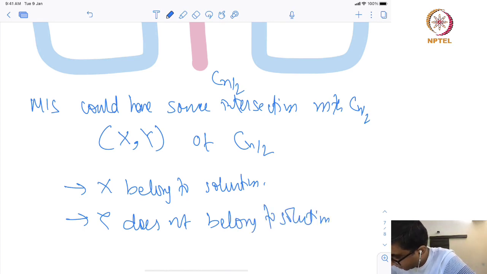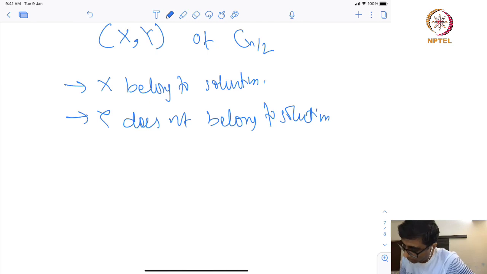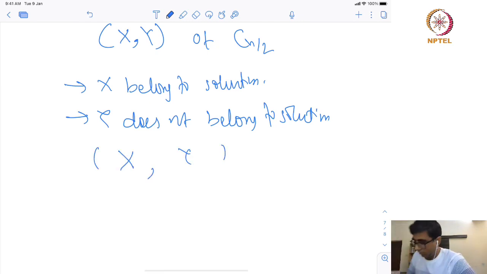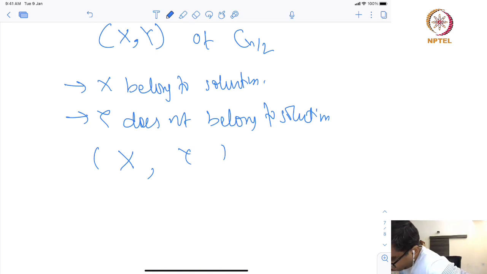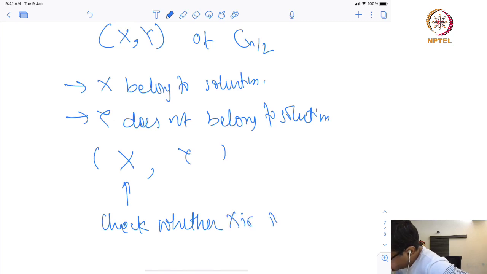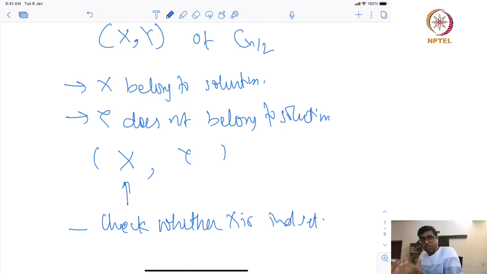Now notice, what can we say about it? Okay, fine. Here it is, x is there and y is there. First of all, if I am looking for a solution that contains x, check whether x is an independent set or not. If it is not, then this branching into x comma y is not a valid branching.